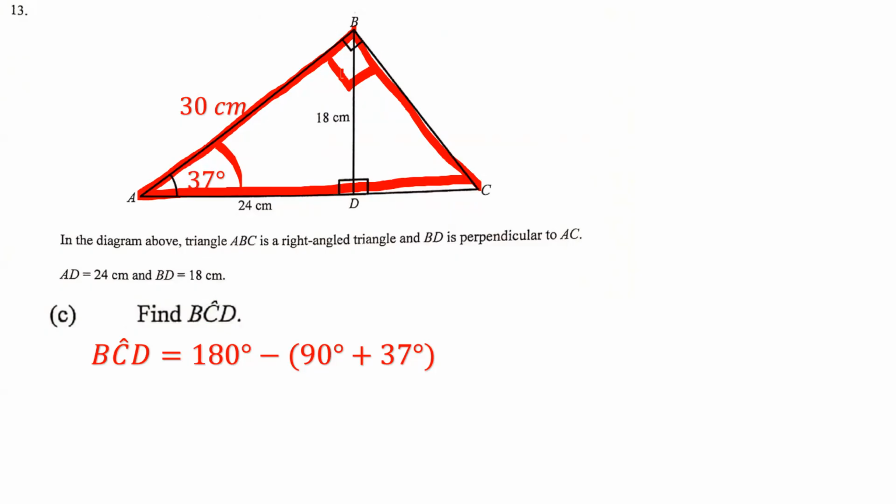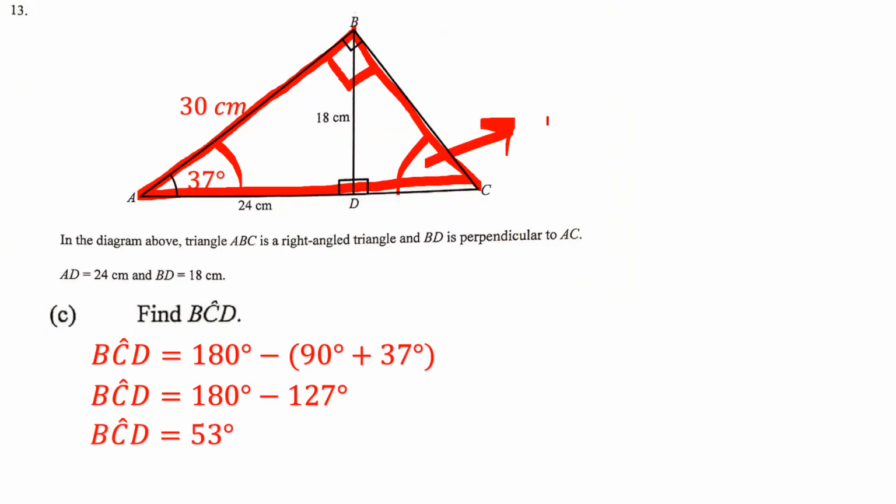So if this is 90 degrees and this is 37 degrees, we just need to add them together and subtract from 180. 90 plus 37 is 127, and 180 minus 127 is 53. So this angle right here is actually 53.